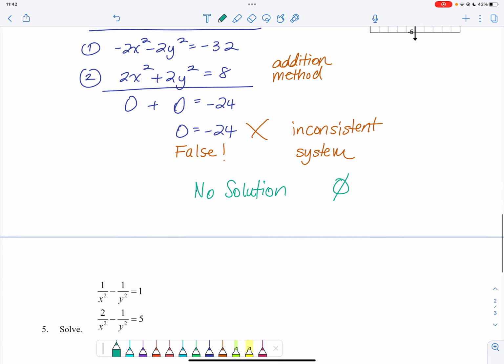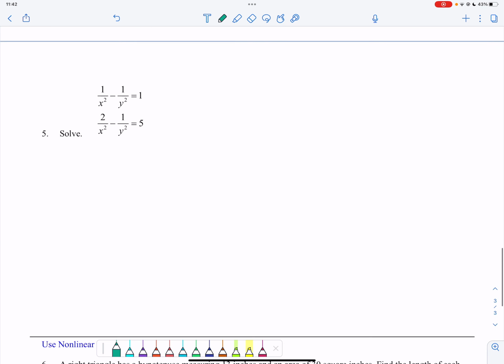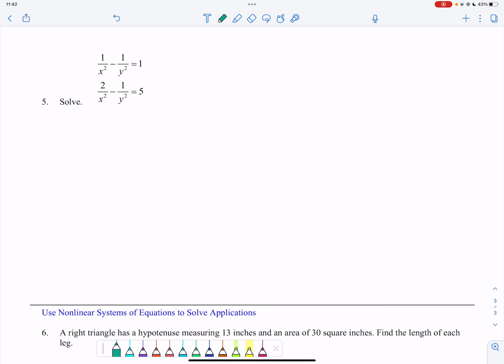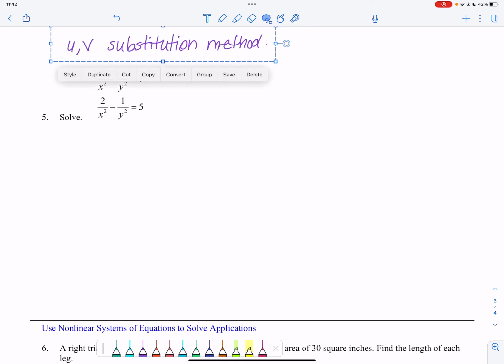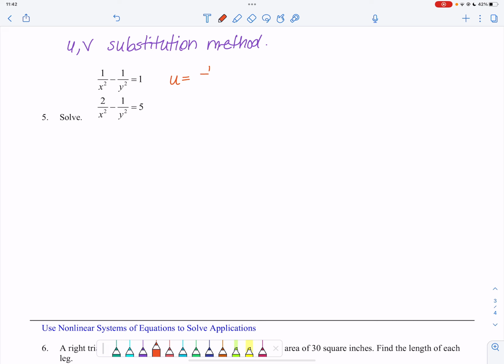Okay, moving on to number 5, and there's lots of ways to solve this system, but I really wanted to show you this u-v substitution method. And any other substitution method might work, but here, why don't we do this? Here, we are going to let u equal 1 over x squared, and we're going to let v equal 1 over y squared.